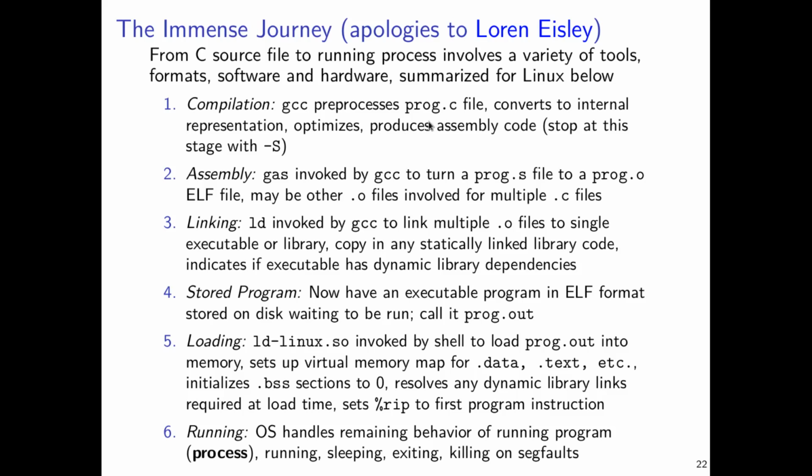The first stage, generally referred to as compilation, is a combination of a bunch of internal steps in which GCC will typically pre-process this .c file, create some internal representation for it, a big tree-like data structure with some sequencing in it, and optimize it, as we've seen the optimizing compiler can do, to potentially rearrange those operations or expand upon them in an attempt to make the ultimate assembly code that's produced somewhat more efficient.